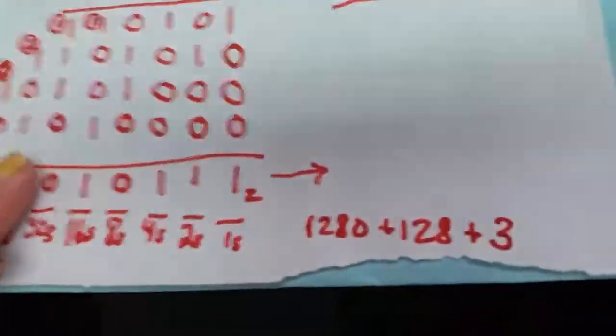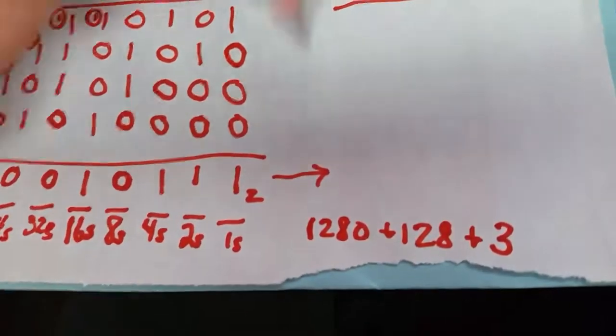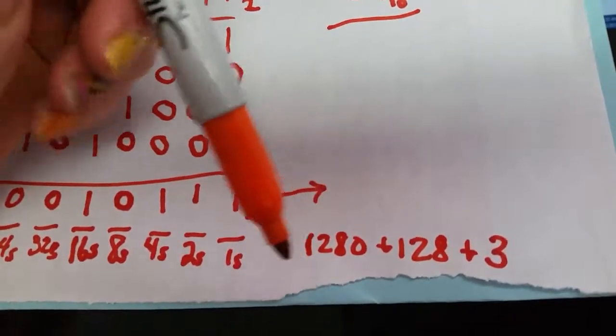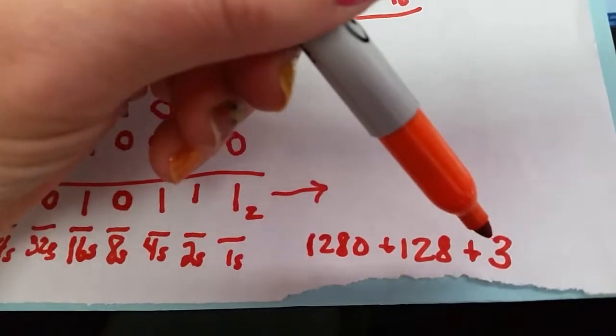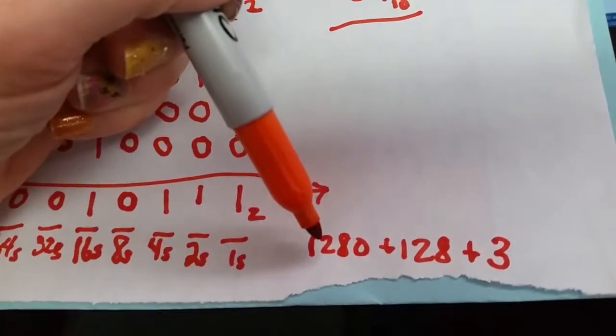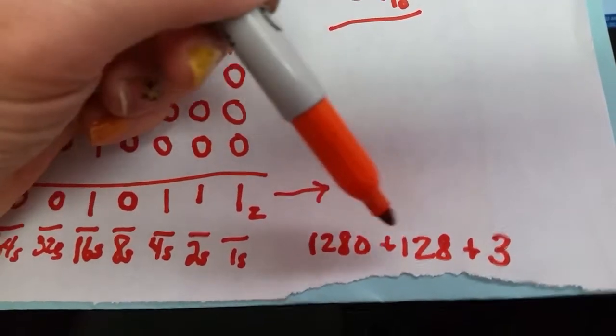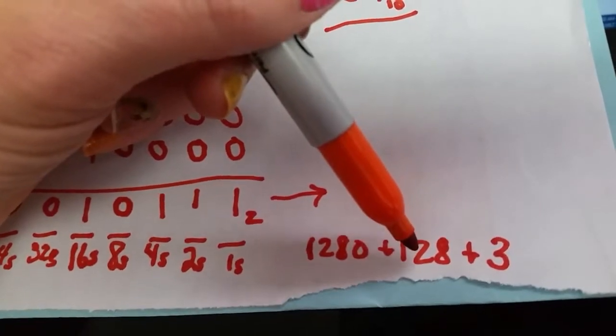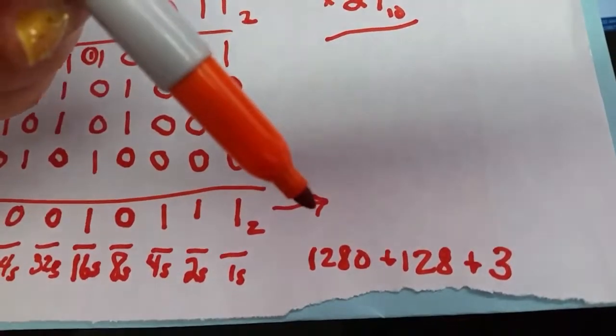Alright, so now we have to put these all together then to get our final answer, which would be, let's see, 1,000 to 300, 400, looks like 1,411.